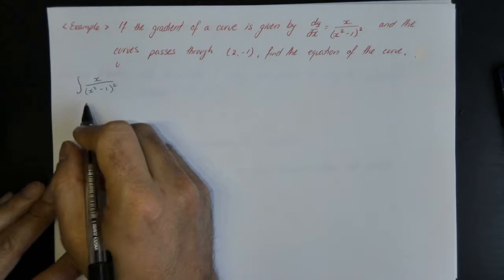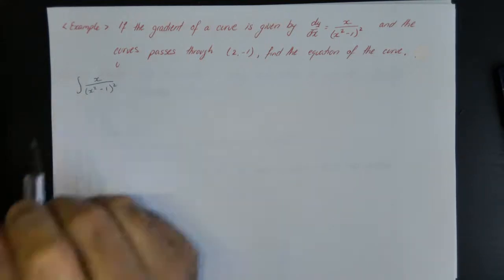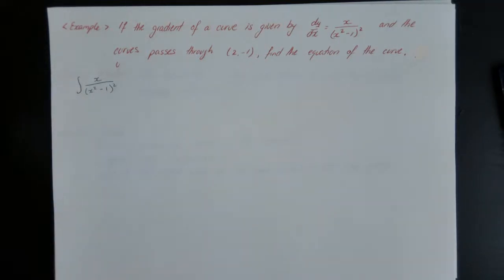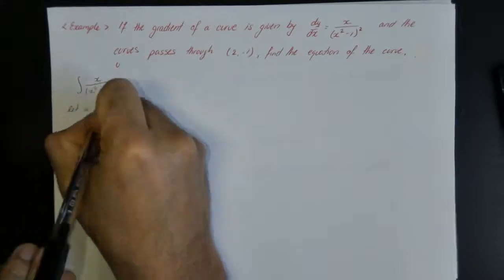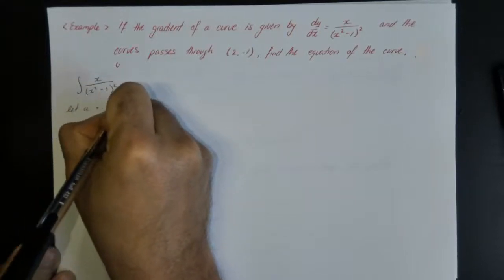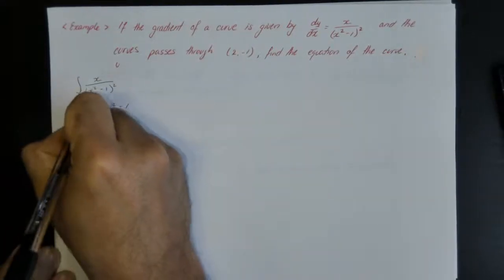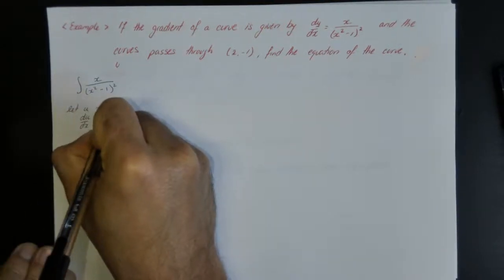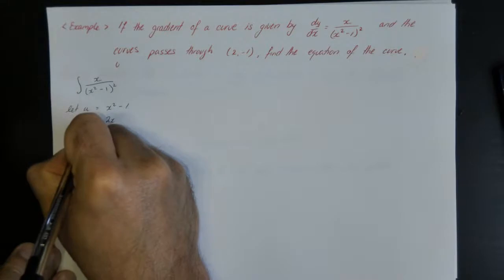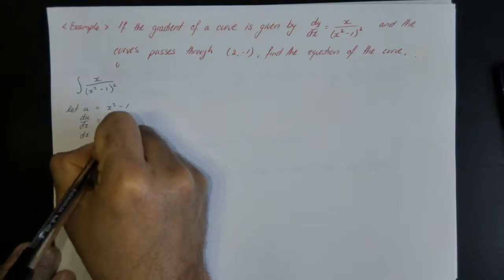We don't like this because it's a bit messy, so what we're going to do is substitute u, so let u be x squared minus 1. So du on dx equals 2x, so dx equals du on 2x.